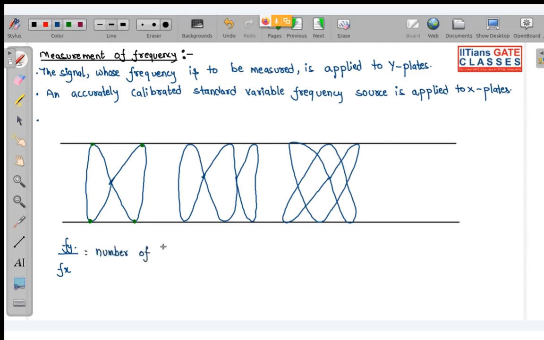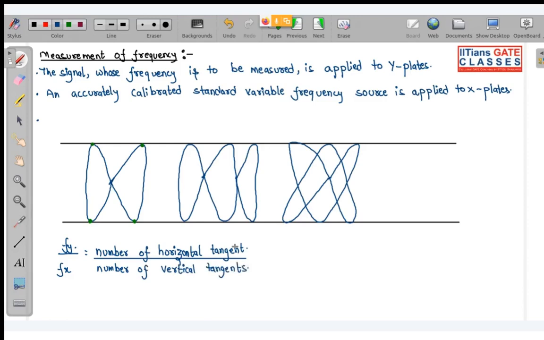Fy by Fx equals the number of horizontal tangents divided by the number of vertical tangents.